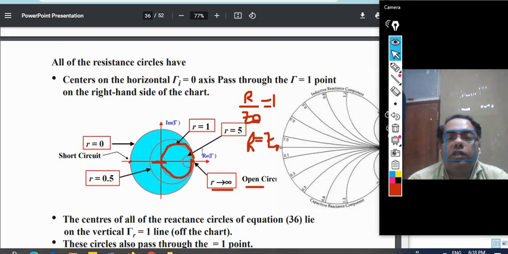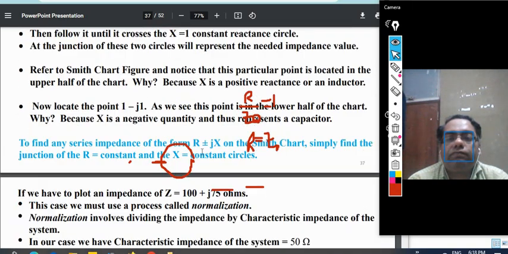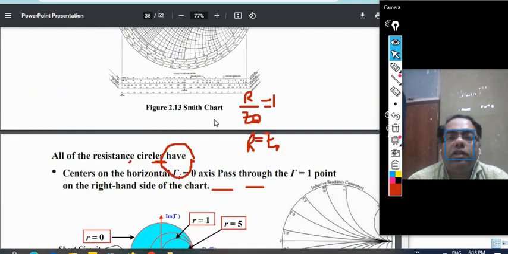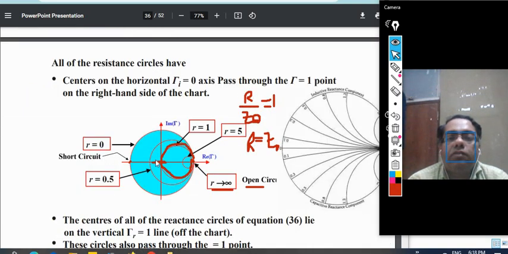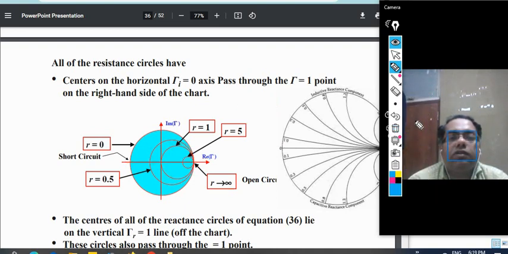The center line indicates X equal to 0. So this center point is r equal to 1 and x equal to 0.